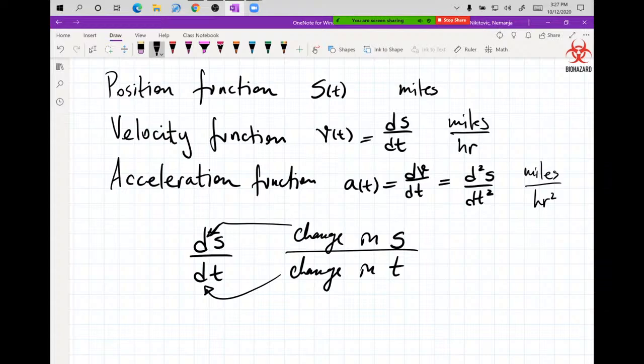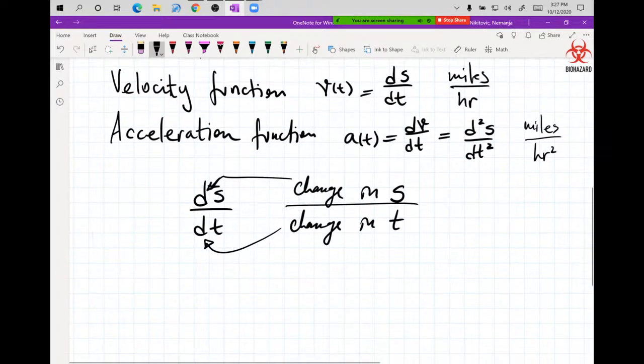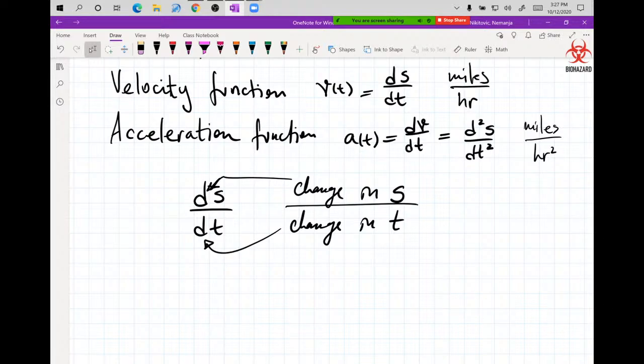So this d is read as change in, and it's actually the derivative, and the notation we are using is because we are still working on the old formula, but now we have the limit in front to make the denominator as small as possible, right? Denominator going to 0.